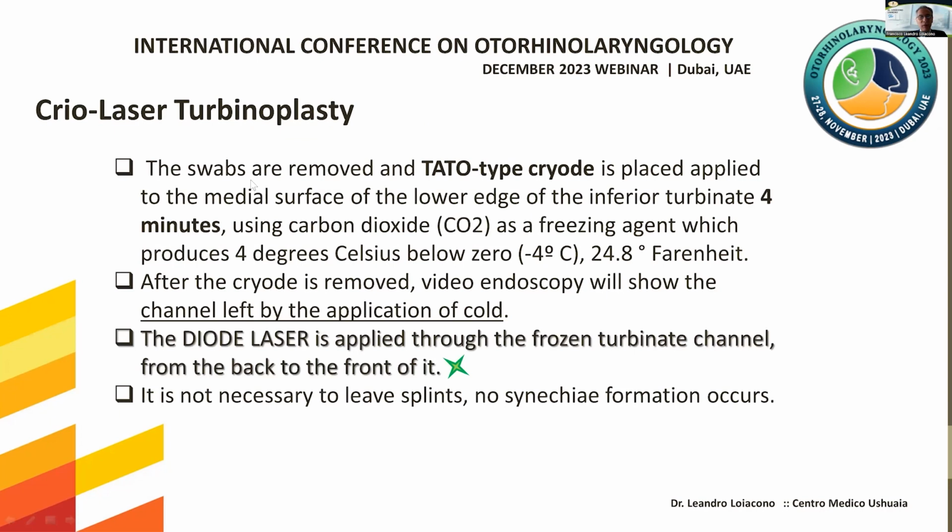The swabs are removed and the Tato cryode is applied to the medial surface of the lower edge of the inferior turbinate for 4 minutes, using carbon dioxide as a freezing agent, which produces 4 degrees Celsius below zero.